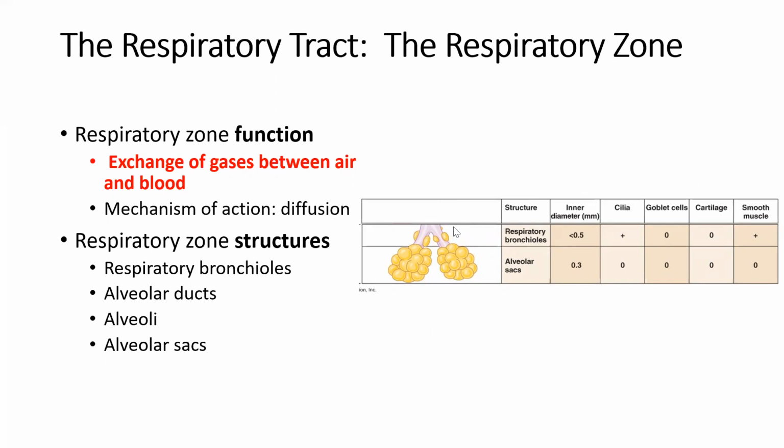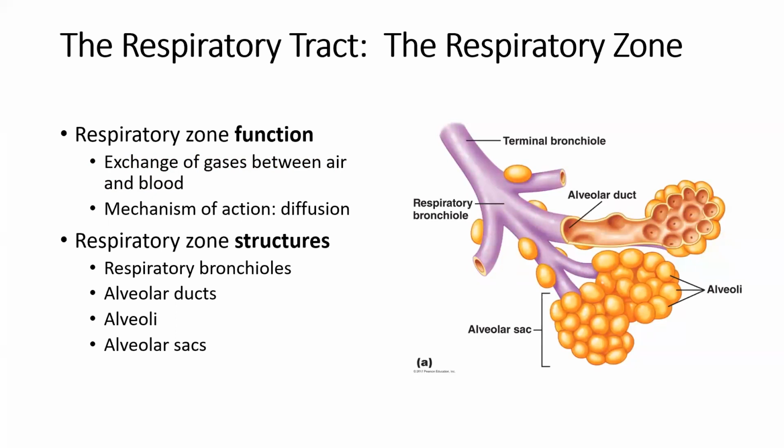Really, the beginning of where we can start to see that exchange is the functional difference between conducting and respiratory zones. Again, just to point out here, we have very little cilia and smooth muscle, almost negligible, and no goblet cells and absolutely no cartilage found in this region.